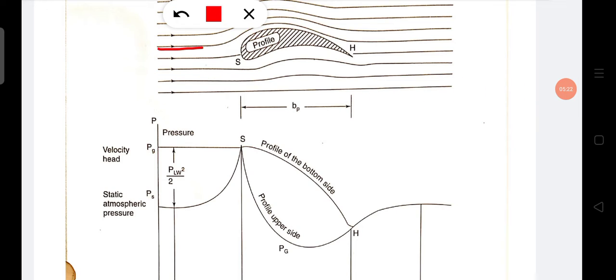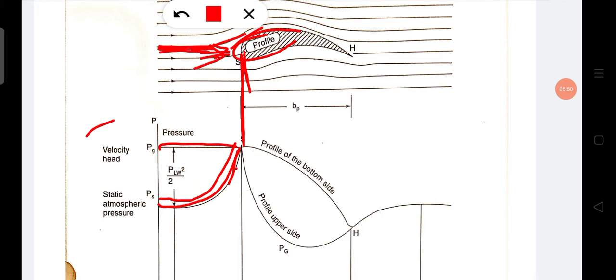This is the atmospheric pressure, and it increases due to the convexity up to the S point, due to the facing of the profile in the direction of the flow. This pressure increases up to PG, the velocity head.